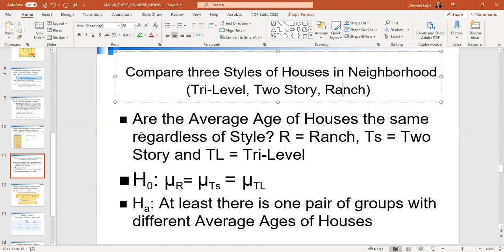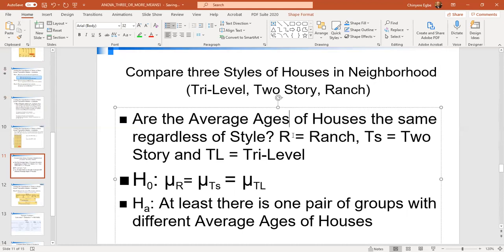So the question that arises is very simple. Are the average ages of houses the same regardless of style? So in this neighborhood, were these houses built about the same time, regardless of style, where R is ranch, TS is 2-story, and TL is tri-level.